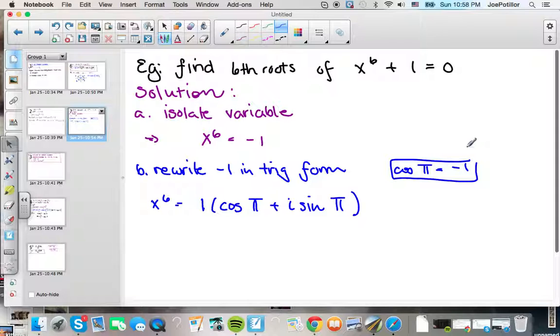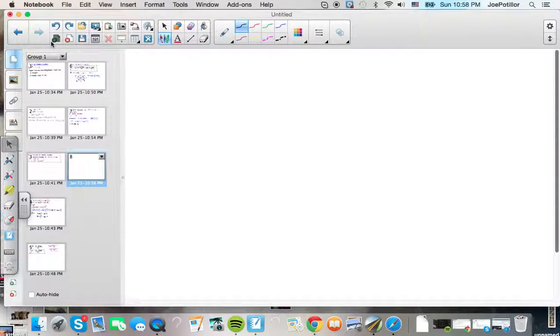Now, from here, I need to use the equation for the nth roots. So part C, we use the nth root equation.